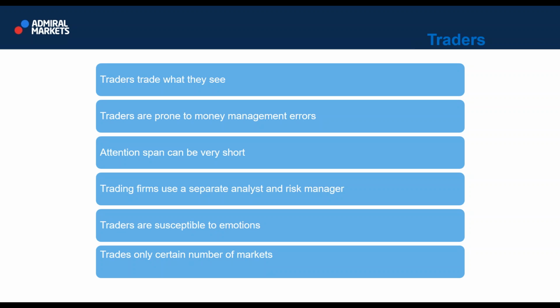Then the trading team needs to use the analyst's opinion and the risk management's opinion about potential trades. That's very important for you guys to understand. And then the trading team executes orders.